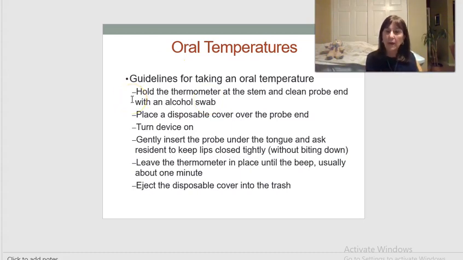You should be wearing disposable gloves. So again, leave the thermometer in place until most of the automatic ones, the little ones, beep, and they could take up to a minute, some are quicker, and then eject the disposable cover, and sometimes you have to take it off. However, you should be wearing gloves, and then you could just throw that in the garbage.